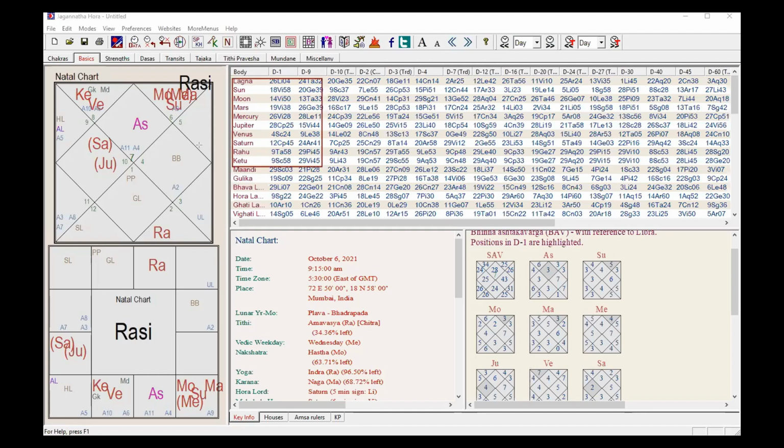We will not find Karakas for sectors like telecommunication and oil, so we have to derive them ourselves. You have to see the nature of the company and from that take Karaka planets. If a company is dealing with automobiles, you include the Karakatva of automobiles. That becomes the Karaka planet for that company.